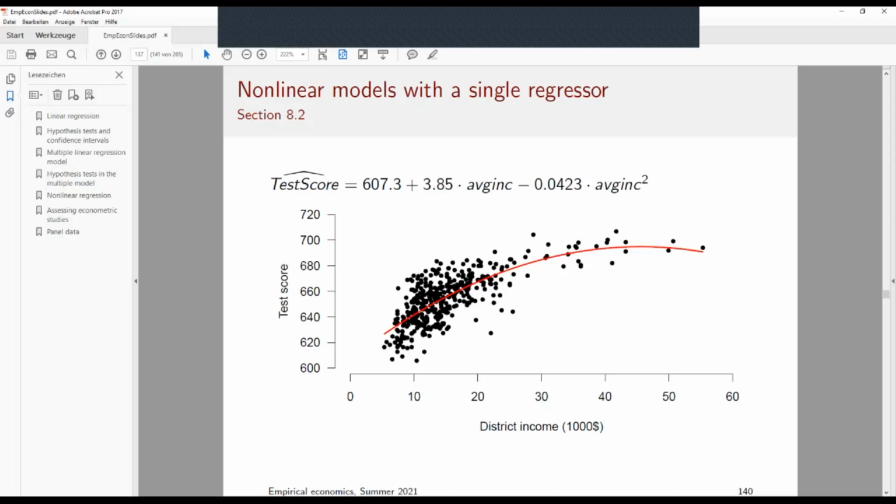It fits very well to the points in the upper right corner as well, but because it's a quadratic function, after we are at roughly 48,000, our regression turns and decreases again. So you can see here, with even further increasing income, we would expect, using this regression function, the test score to decrease again.